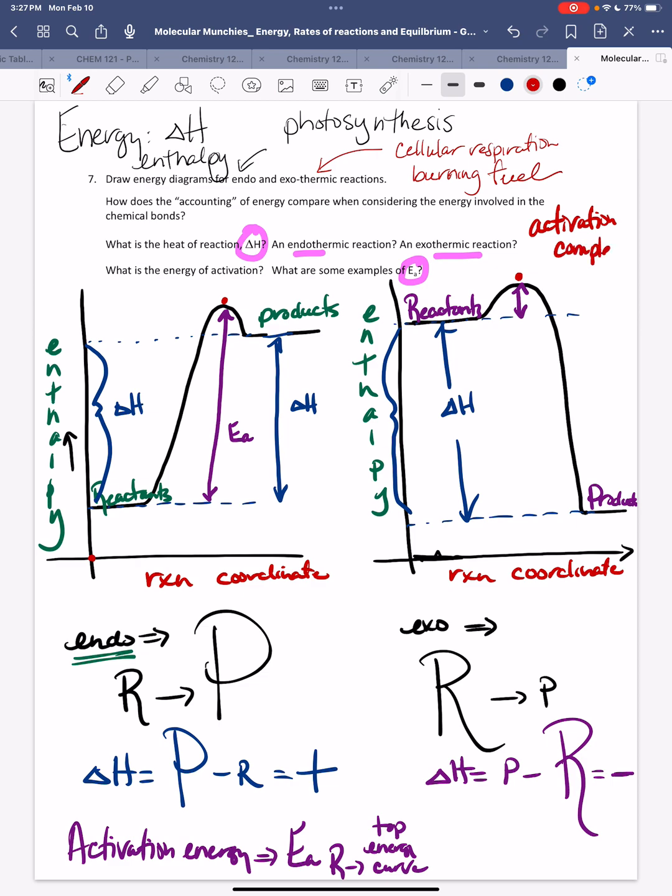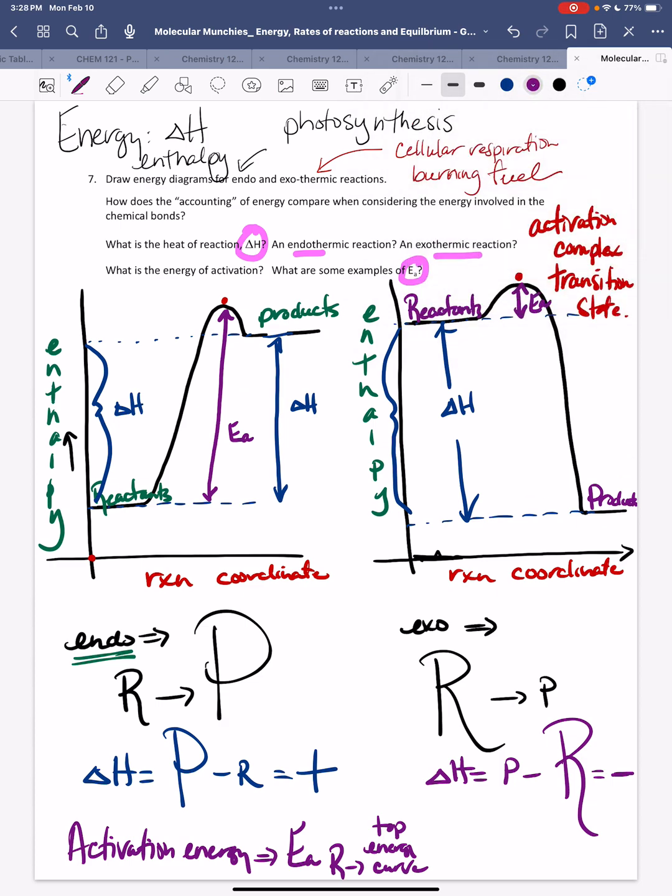Or you can call it a high energy transition state. So you'll see that different depending on your material you're reading. Okay, and I'll try to make sense of that more when we do some stuff in our lab. So we've got all of our parts there. We've got EA. I should label it so it's there on this side too.